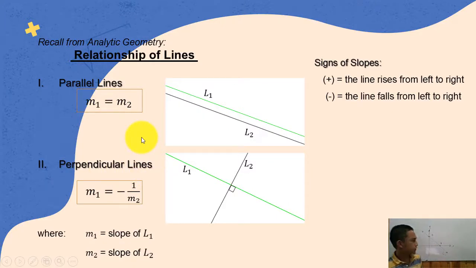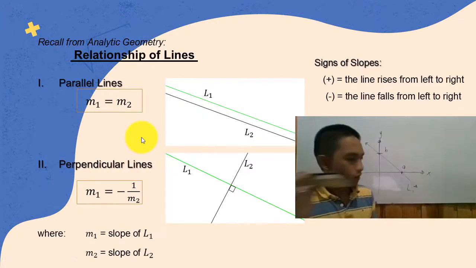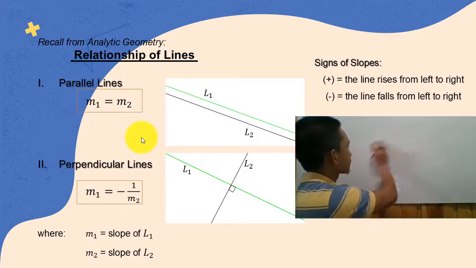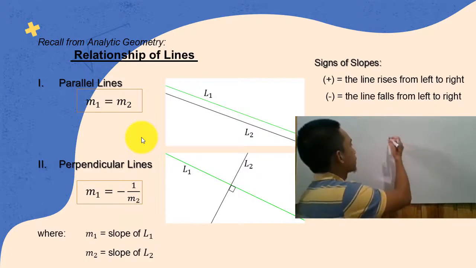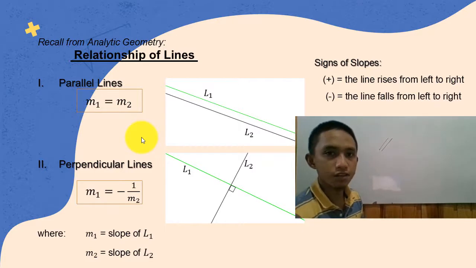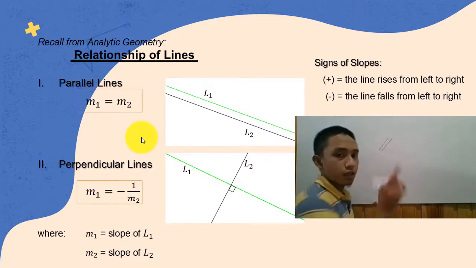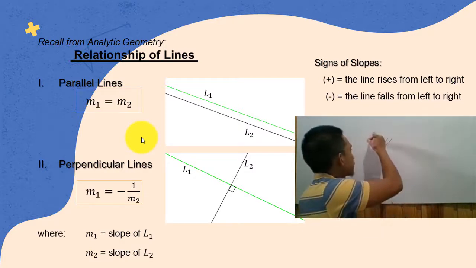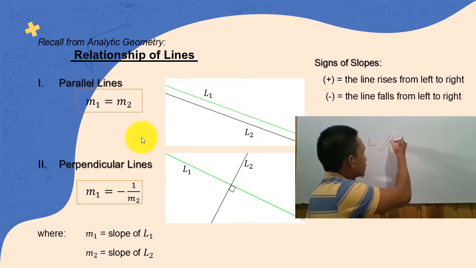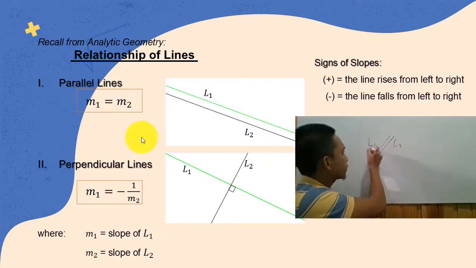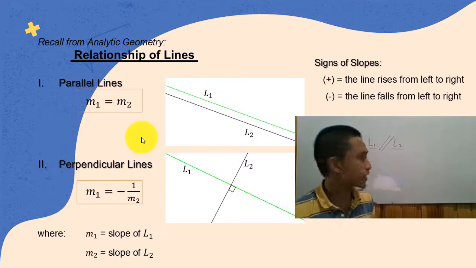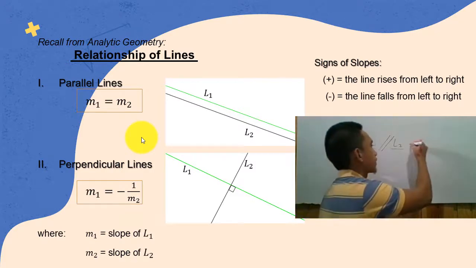Okay, by the way, please again recall, if we say parallel lines, it is symbolized by this symbol. So you can write these parallel lines as L1, this symbol L2. That means L1 is parallel with L2. Okay, that is parallel lines.